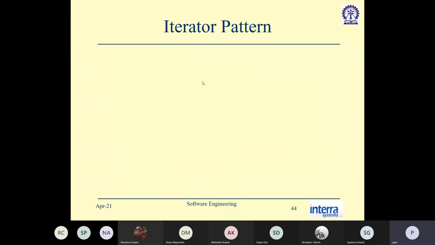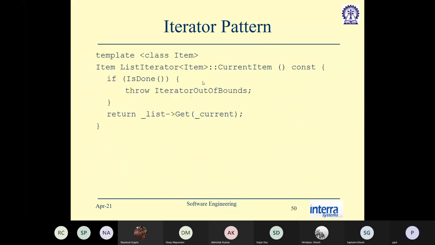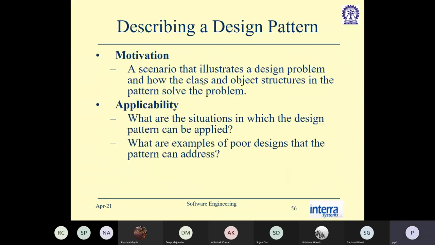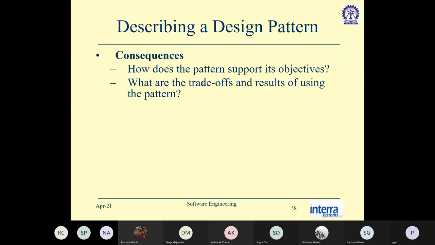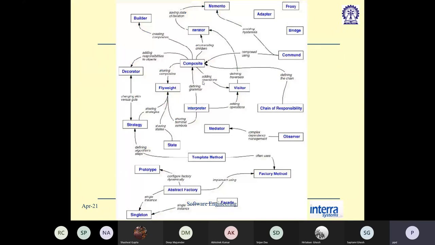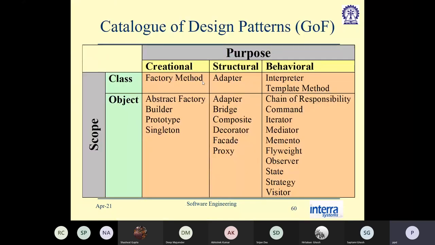Let us go to the total set of design patterns. So we saw that there is a catalog of design patterns which are widely available and widely used in software design, that was proposed by Gang of Four, and they are grouped in terms of their nature, the purpose.